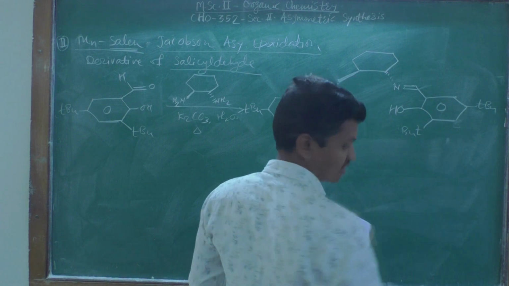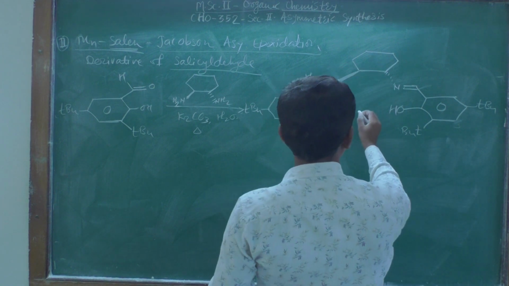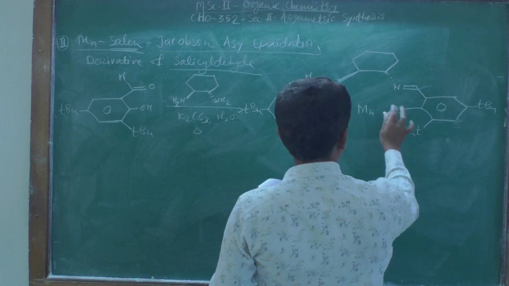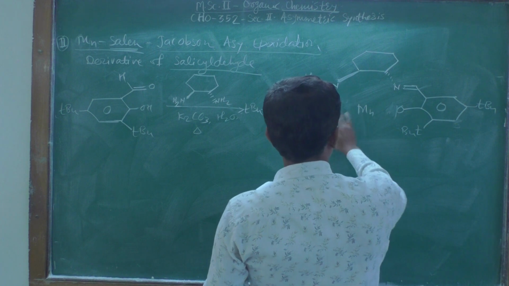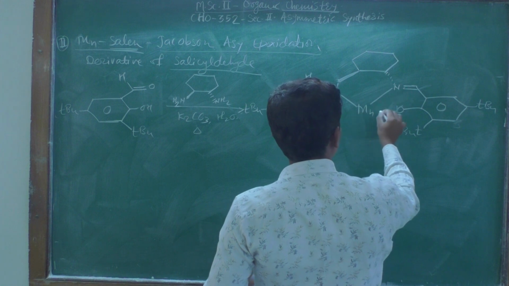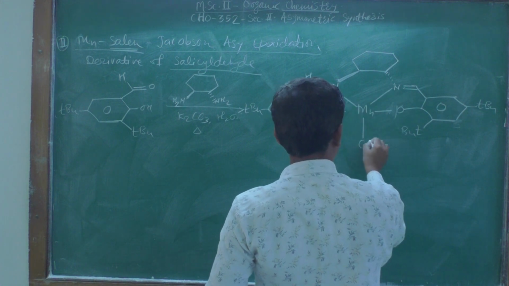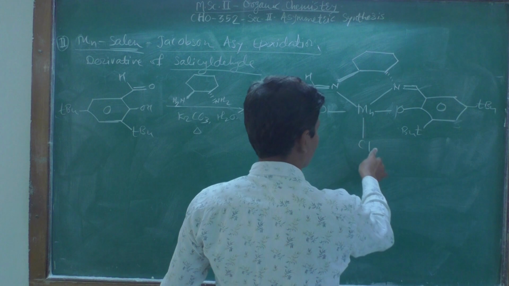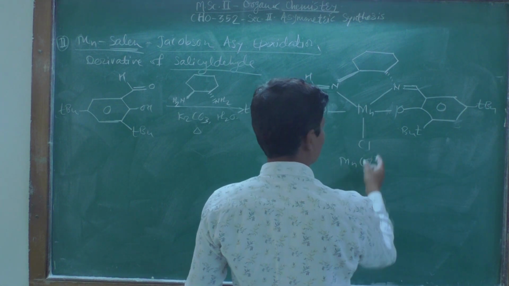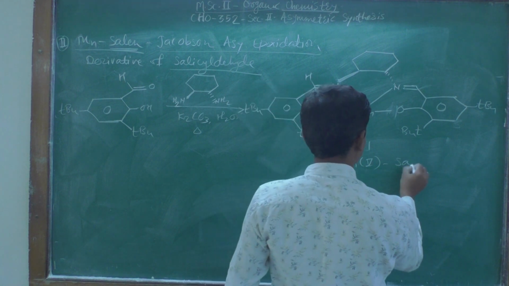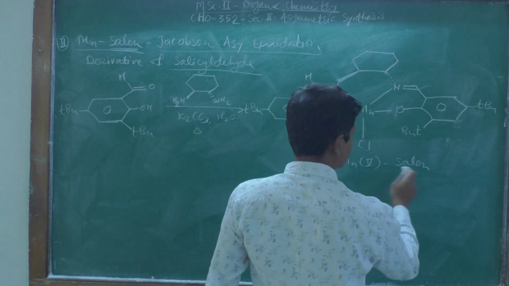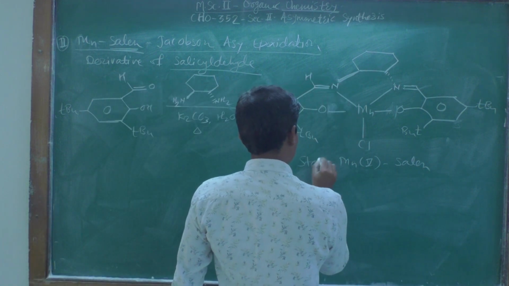I am writing it directly here because it is very time consuming. It forms like this: Mn, the hydroxy hydrogen atoms are lost, it binds to 1, 2, 3, 4 donor atoms, and this Cl comes from the NaCl. So this manganese is pentavalent, this is the pentavalent manganese salen. Salen is the short form of the derivative of salicylaldehyde.